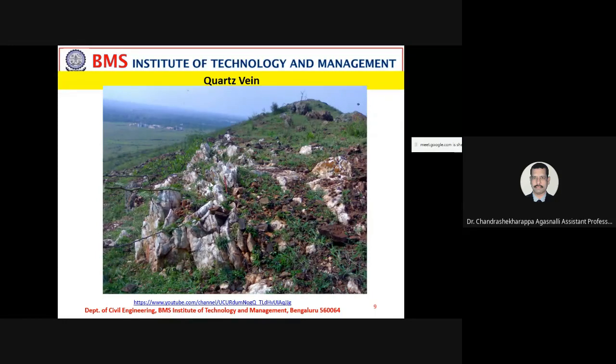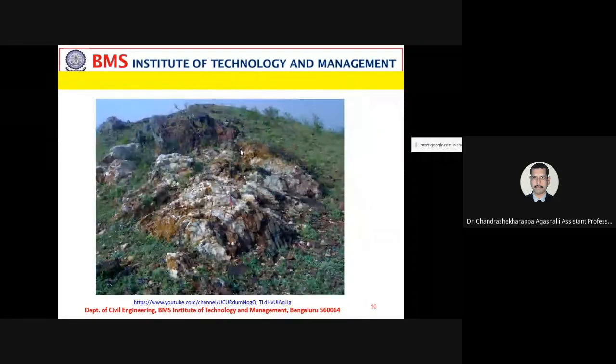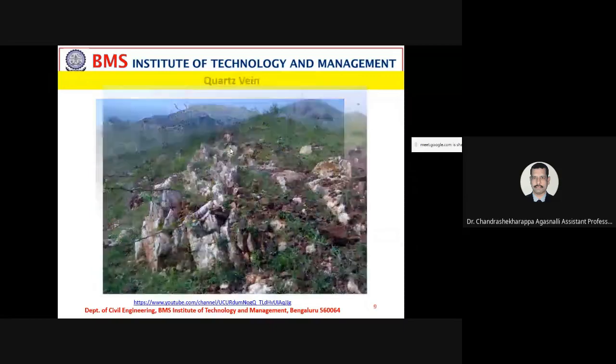Even if it happens, there will be a quartz vein, a thin quartz vein, because of the low strength and the movement of groundwater in the subsurface. When you drill a borehole for water and you encounter a thin quartz vein, there is definitely a chance of getting groundwater. That's how you can see it in the field photographs here.